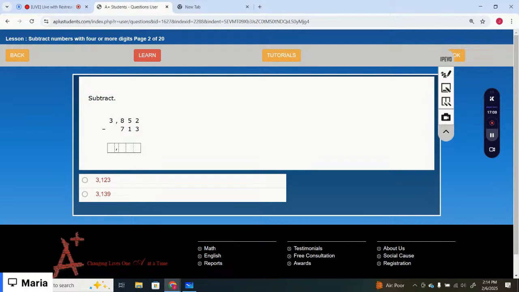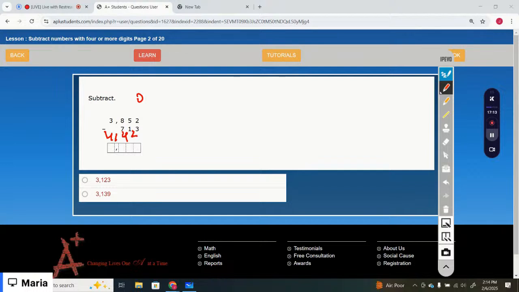Subtract 3,852 minus 713. So start subtracting from the ones digit. Here you have 2 take away 3. You cannot subtract 3 out of 2. You always subtract a smaller number out of the greater one. So you need to make this number greater than the 3.